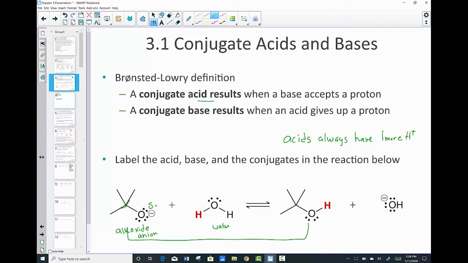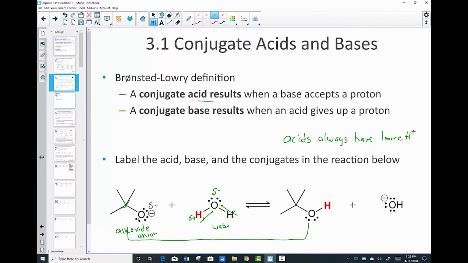And based on polarity, you know that hydrogens in a water molecule are very electron deficient, and so that deficient hydrogen is partially positive. It's a great target for this electron-rich alkoxide anion.